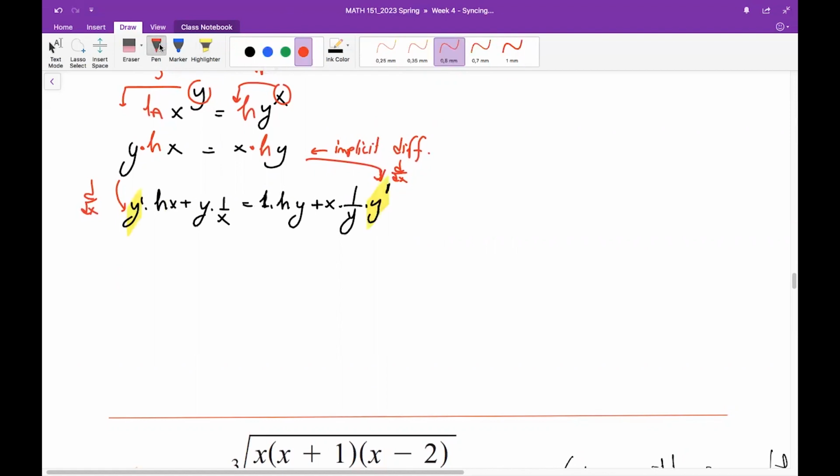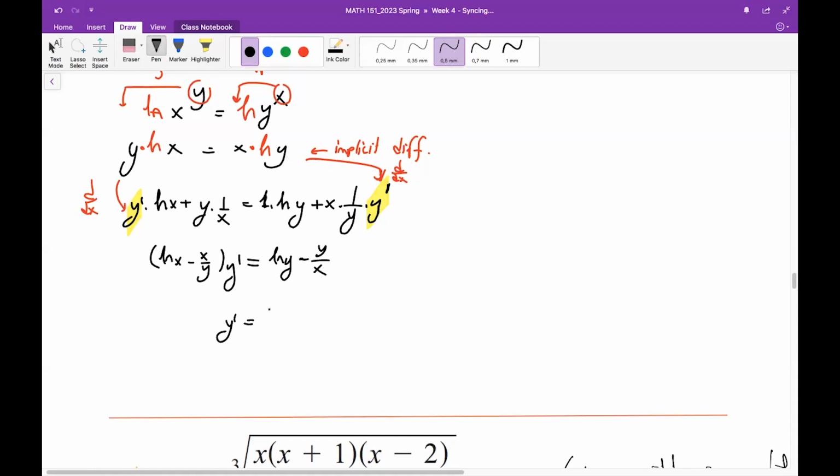Okay, let's do that. So I will collect all the terms, including y prime, to the left. ln x, and here I will have minus x over y, and I will send all the other terms to the right. ln y is already there, and this will be moved to the right like that.